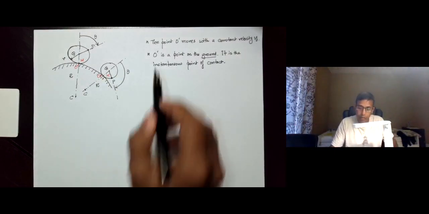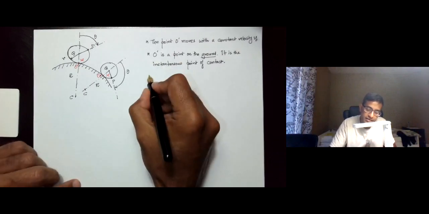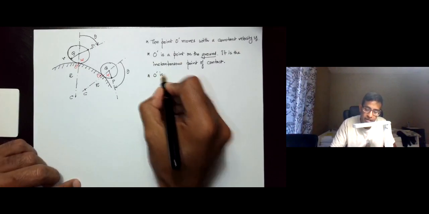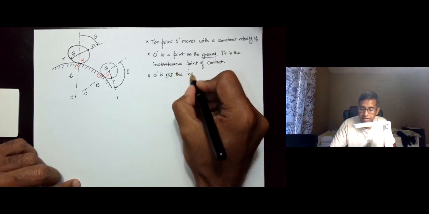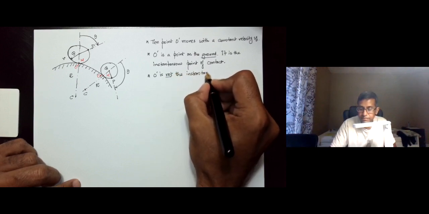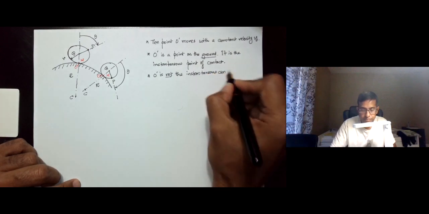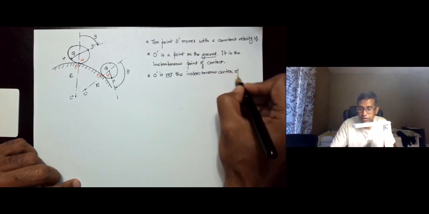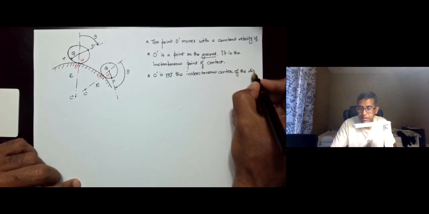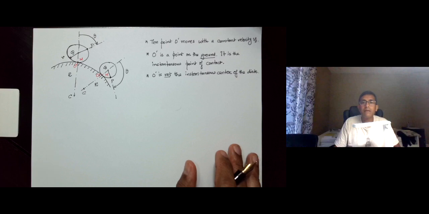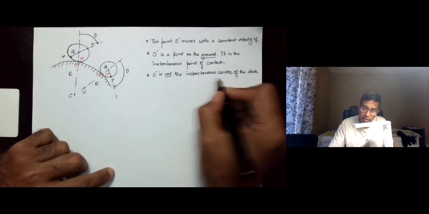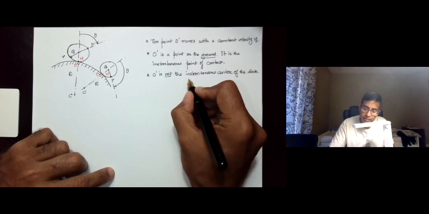So O prime is different from the instantaneous center of the disk, but geometrically O prime and M are at the same location. It's just that M is on the disk. By the way, the instantaneous center is being represented by M.